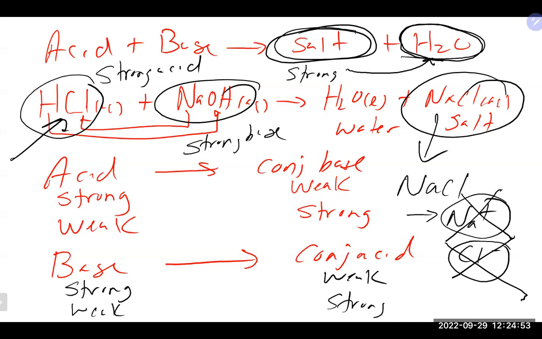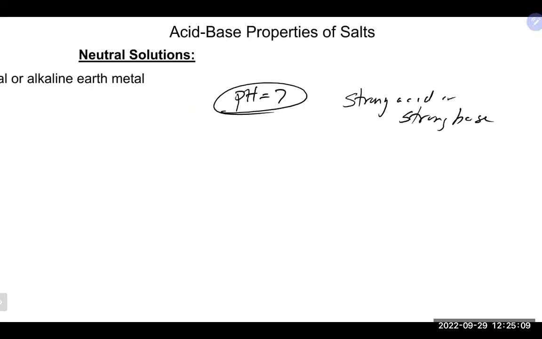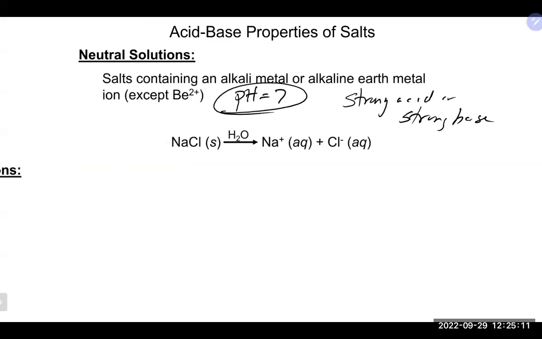So both ions of the salt are going to be basically neutral. And if you had to get the pH of that solution, it would be a pH of 7. It should be a neutral solution in that case.